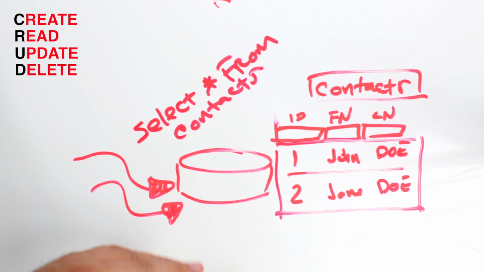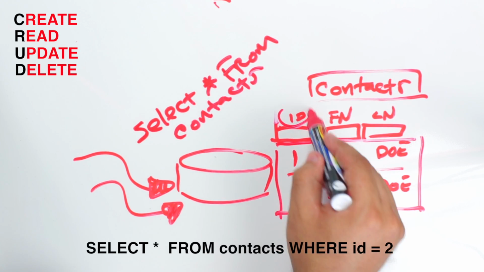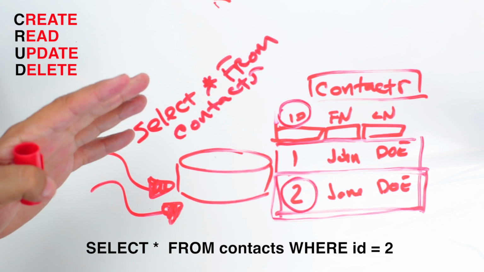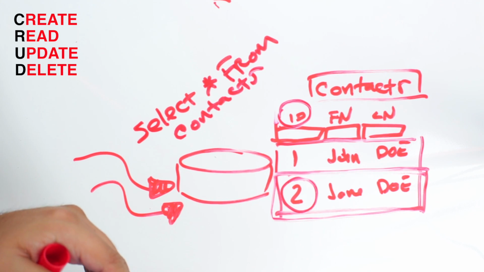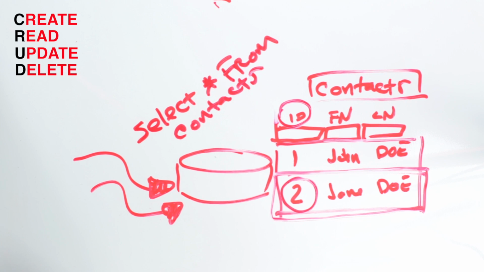For example, you could search for a particular record, and you could say, select all from contacts where ID is equal to, for example, number two, and then you will get this specific record. You could also aggregate things by dates, by letters, and all kinds of cool stuff. It's an endless panoply of options when you search a database.